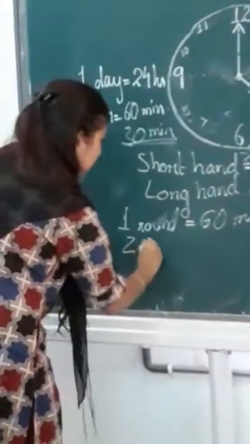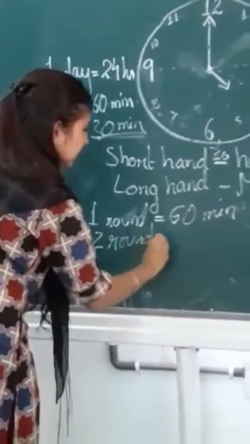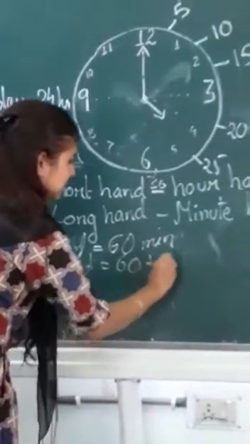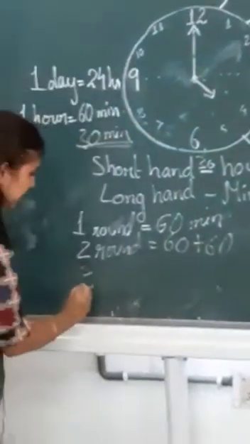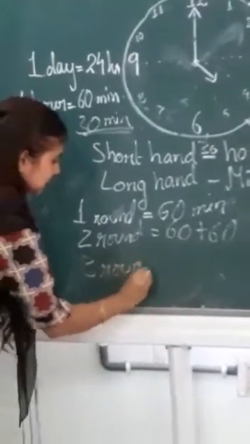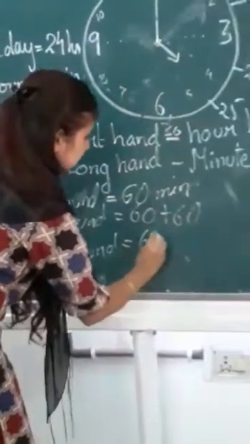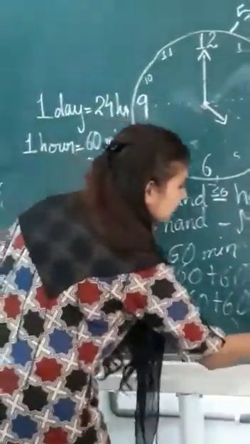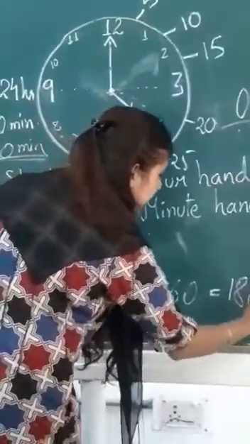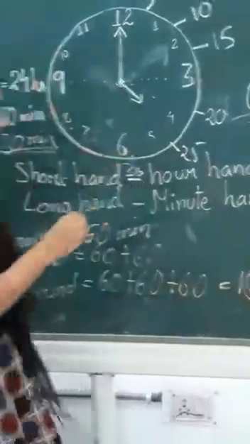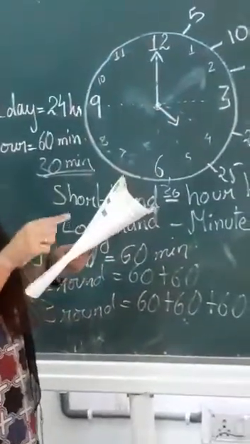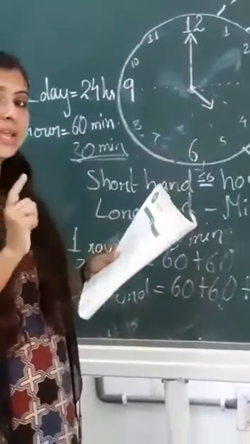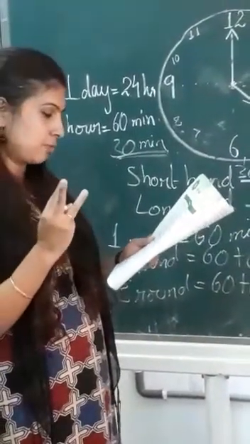So, second round, it will take 60 plus 60. So, third round, it will take 60 plus 60 plus 60. So, it will be 180 minutes. Okay. So, long hand of a clock will take 180 minutes to complete 3 rounds.